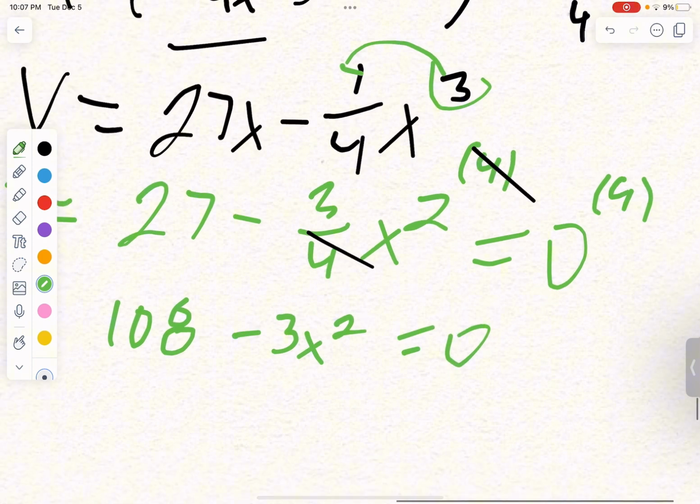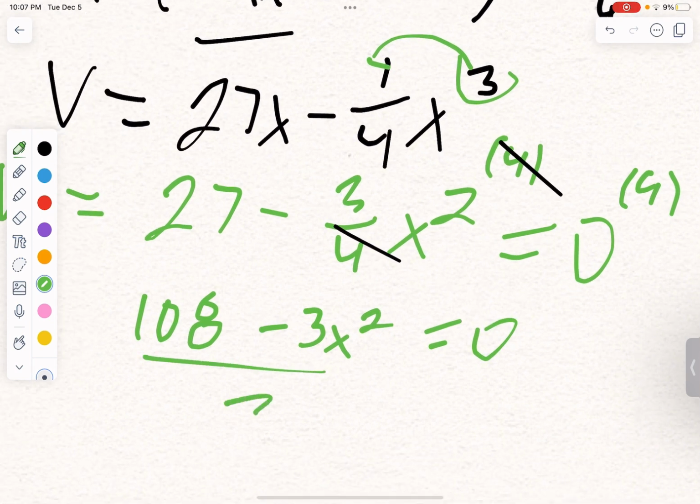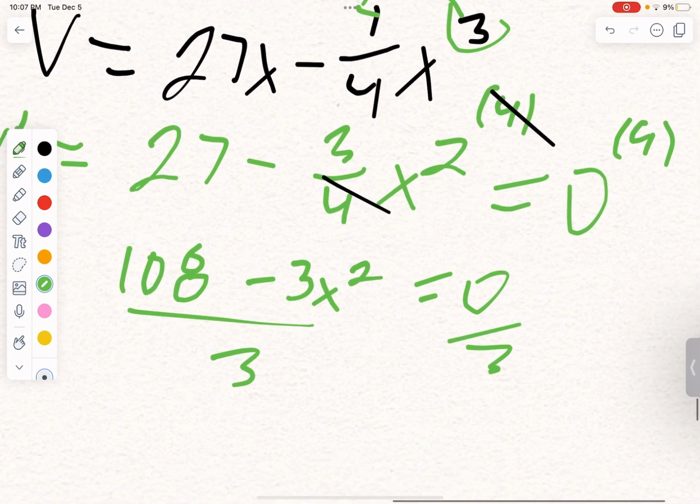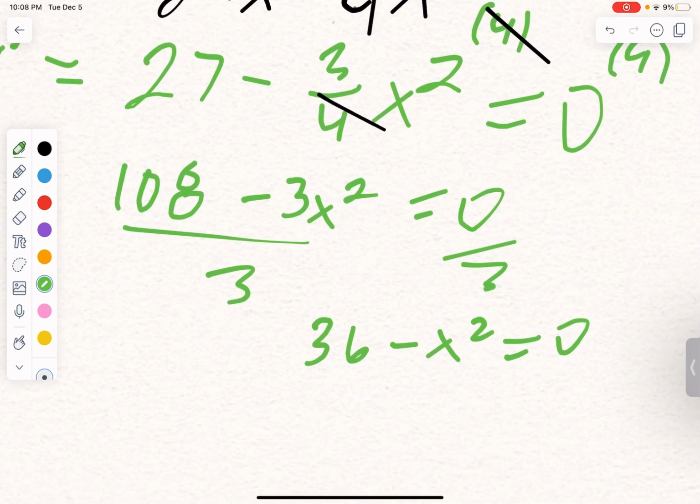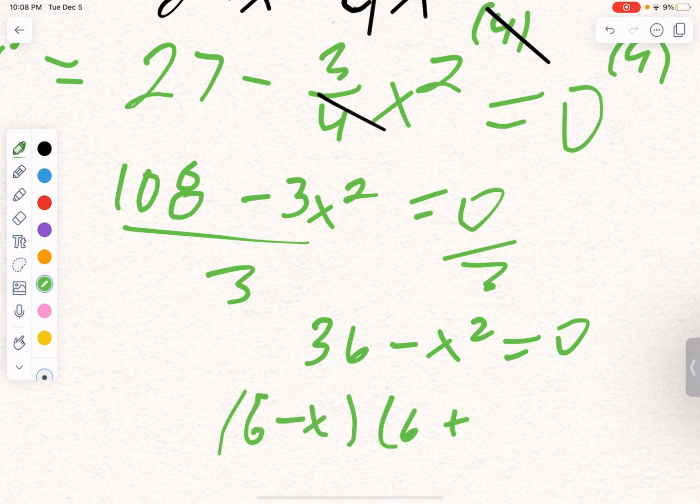And then you can go ahead and divide by 3, which is 36 minus x squared equals 0. And then this factors into 6 minus x times 6 plus x.